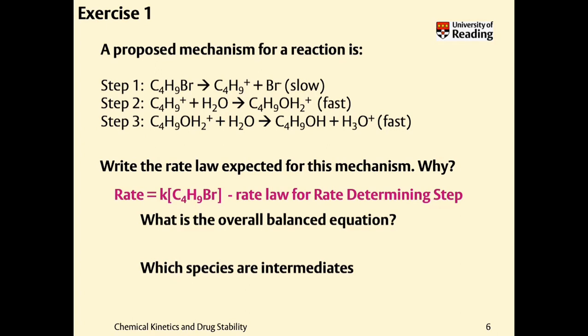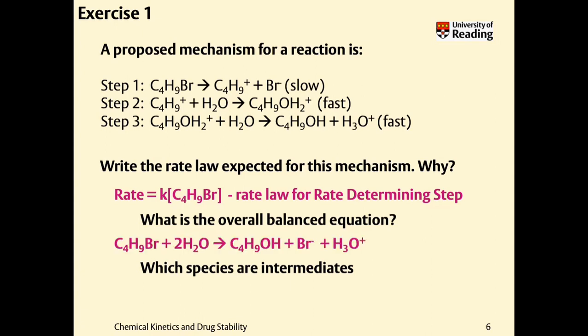What is the overall balanced equation? To get to the overall balanced equation, you're going to have to add up all of the components as reactants for all of these three steps, and all of the products for all of the three steps, and then remove anything that's on both sides, so is both a reactant and a product, and then you'll end up with the overall balanced equation.